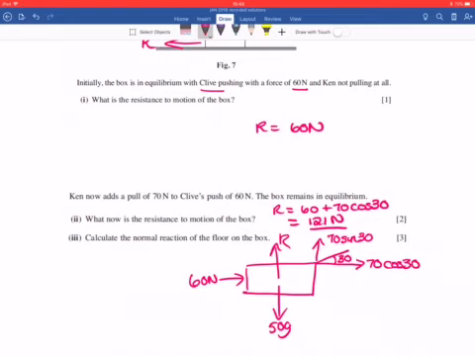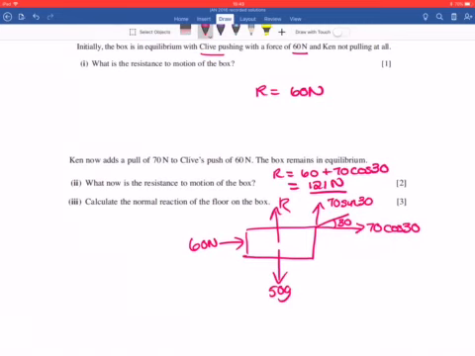So resolving vertically, I've got R plus 70 sine 30 equals, whoops, I put 5G, don't know why, equals 50G.